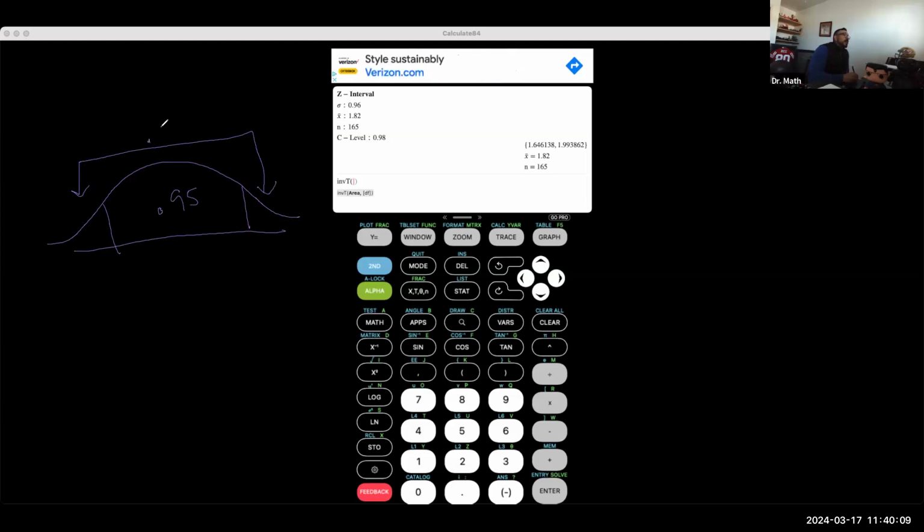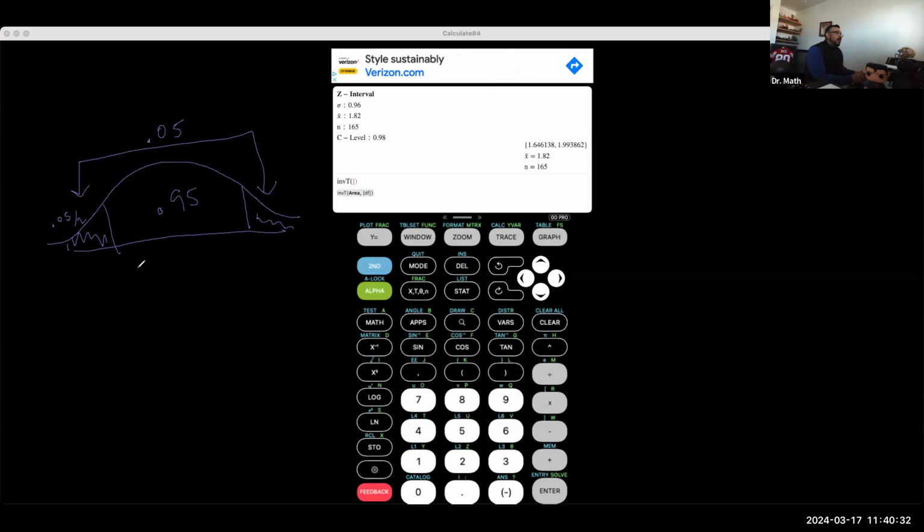So the remaining is 0.05. Well, how many tails do I have? I have 2. So each one of these tails, this tail and this tail, is going to be 0.05 divided by 2. So 0.025. That's how you figure out what that left tail is.